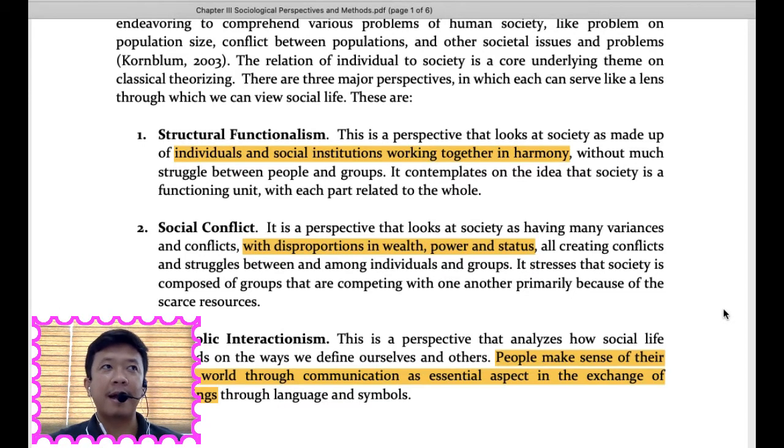Ang equilibrium kasi ay parang balanced, no? Stable, okay? Hindi siya shaken, it's not being disrupted. It doesn't mean to say that it is disruption free, but you keep society in order, no?